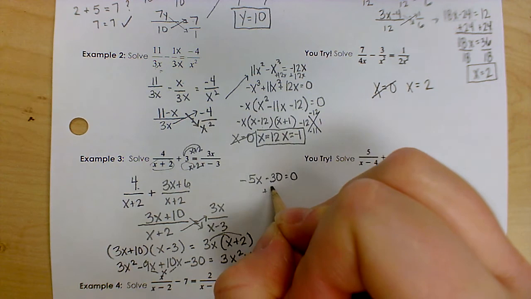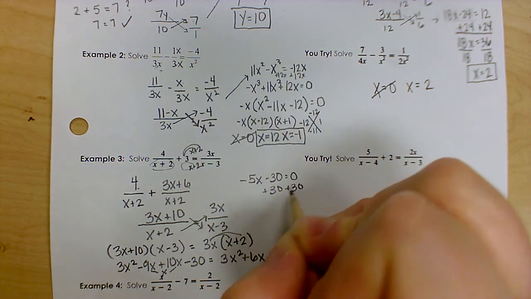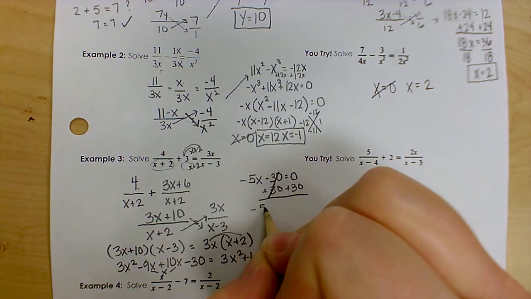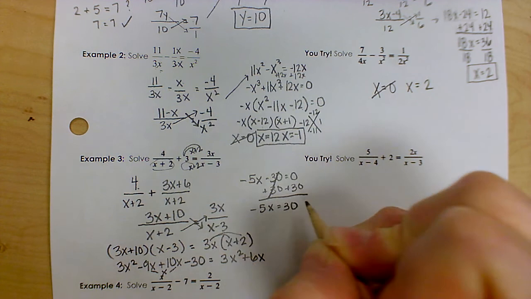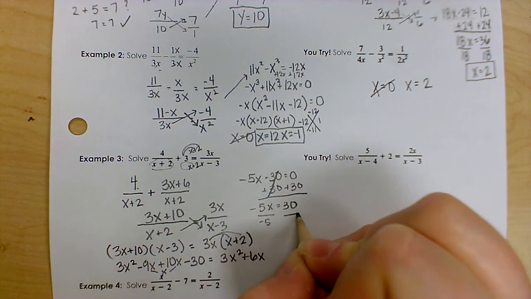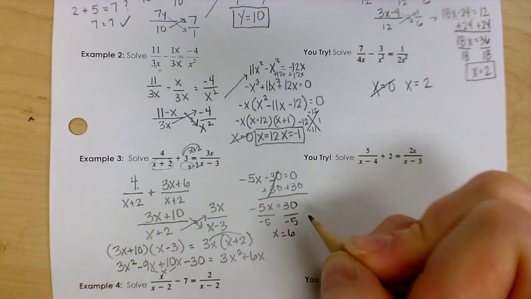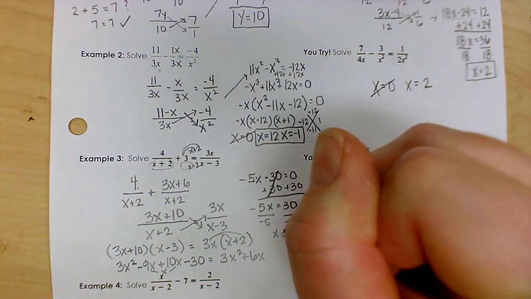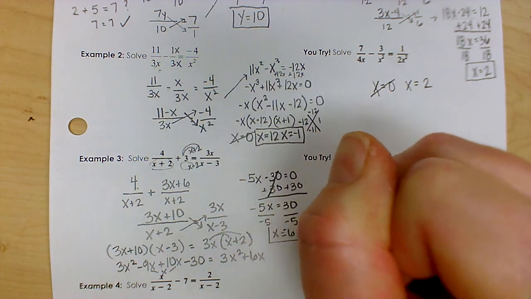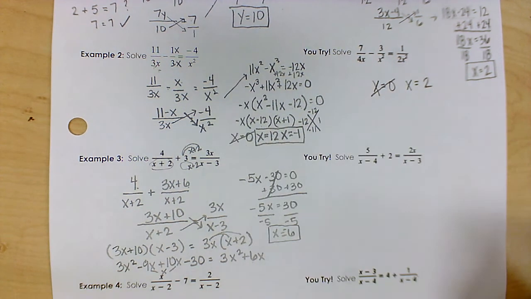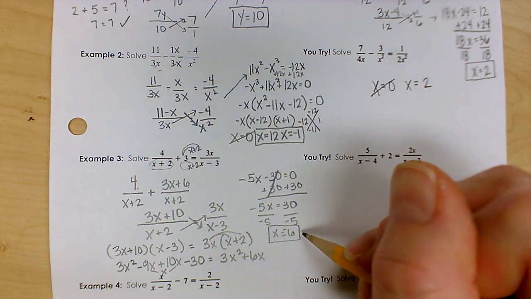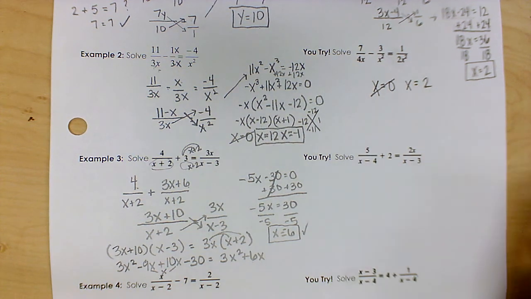So now I add my 30. So negative 5x equals 30. Divide by negative 5. And x equals negative 6, sorry. Plug that in to make sure it works, just like we were talking about before. And the fact that it does tells you that it is a solution.